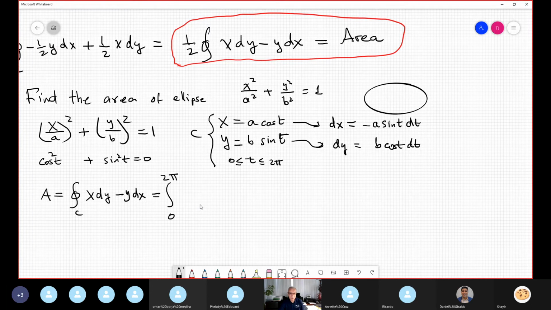Now x, who is x? x is a cosine t, multiplied by dy. Who is dy? It is b cosine t again, dt. Minus y. Who is y? Well, y is b sine t, and dx is minus a sine t.